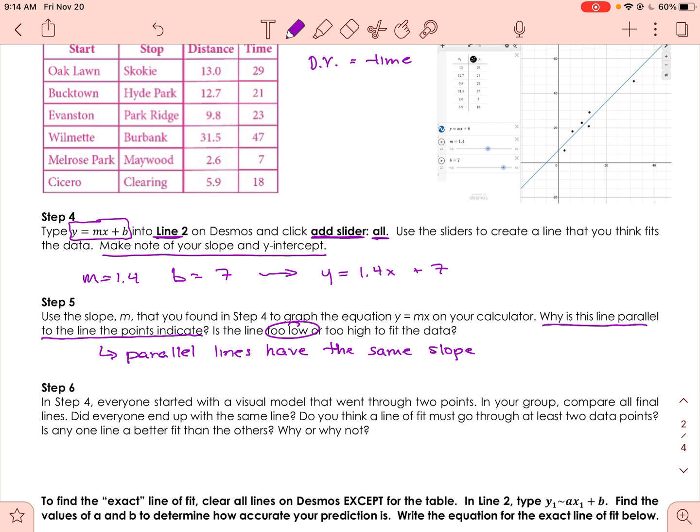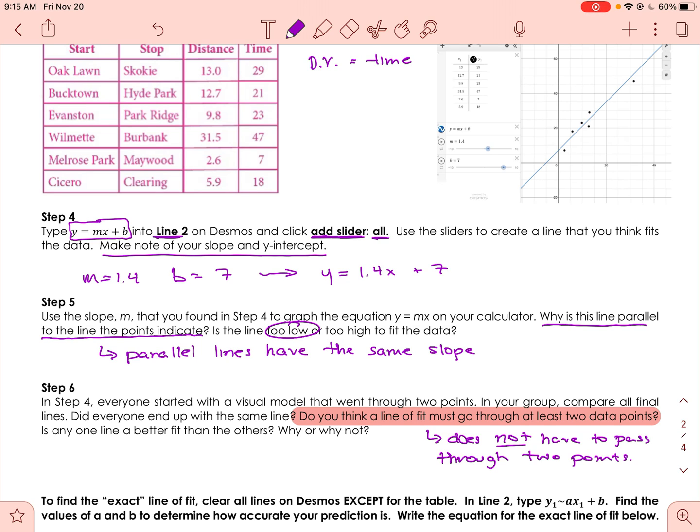In this case, the answer is no. A line of fit does not have to pass through 2 points. It's okay if it does, but our goal is to have an equal number of points above and below the line that we draw in.